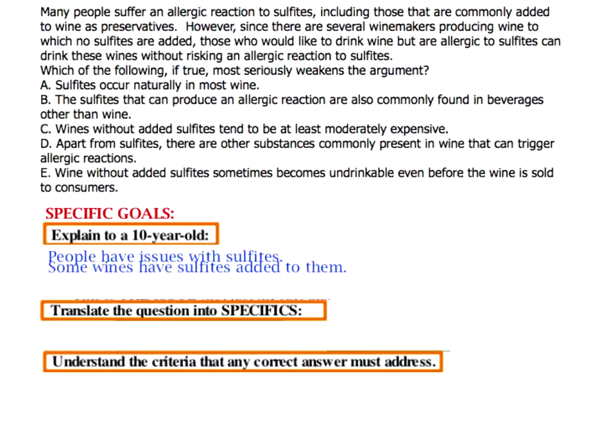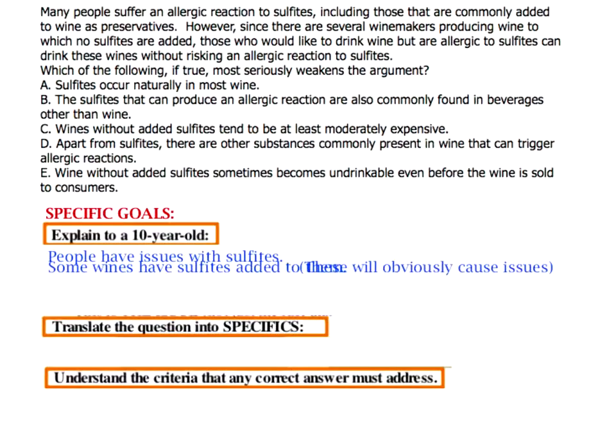So those are going to cause issues, obviously, for those guys. So then what winemakers are doing is they're thinking about making wine without added sulfites.